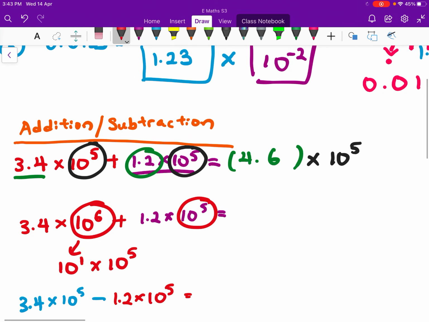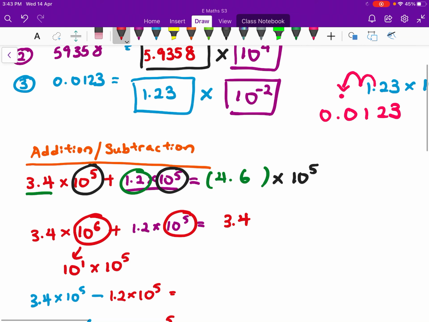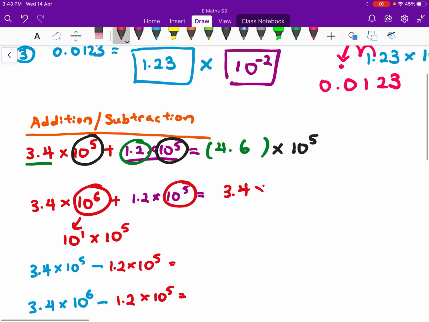Alright, so let's put the number inside. So 3.4 times 10 to the power 1 times 10 to the power 5. Before you do anything, you just multiply 3.4 times 10 to the power 1 first. So you will get 34 already.